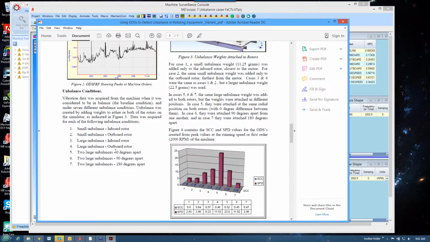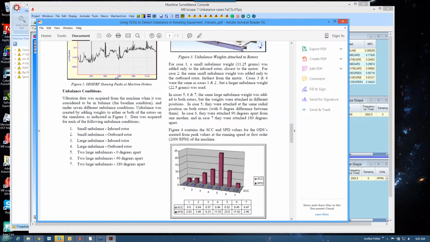There we had the 2 weights so that they caused the maximum amount of unbalance with the 2 rotors, and then as the machine ran, the most severe vibration. Then 2 large unbalances at 90 degrees and 2 unbalanced weights at 180. So in case number 7, the unbalances, the forces are canceling each other to some degree.